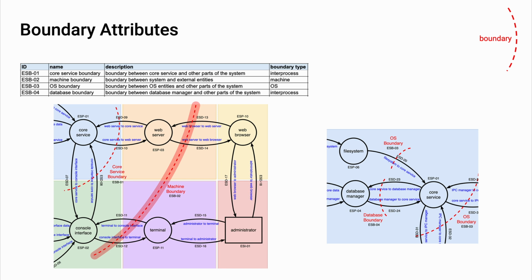And so we put a machine boundary there because it serves the same purpose. We have an operating system boundary between the core service and the file system, and also the core service and the interprocess communication system. Finally, we have an interprocess boundary between the element's processes and Database Manager.